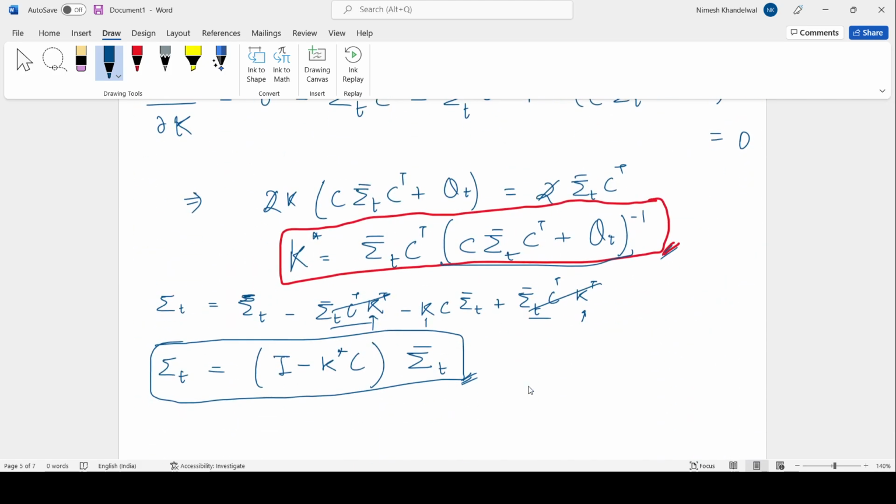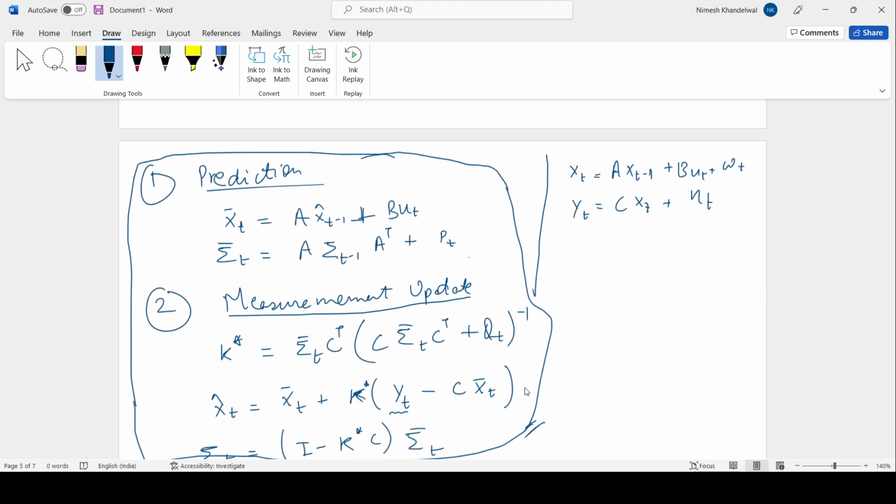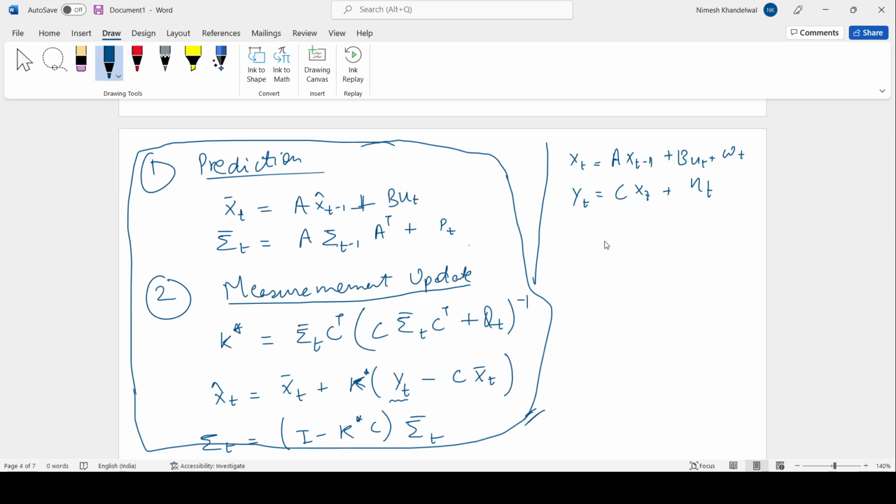Now, if you have non-linear transition models, let us say x of t is some function of x t minus 1 and u t, and again there is noise here, and your y t is g of x of t.